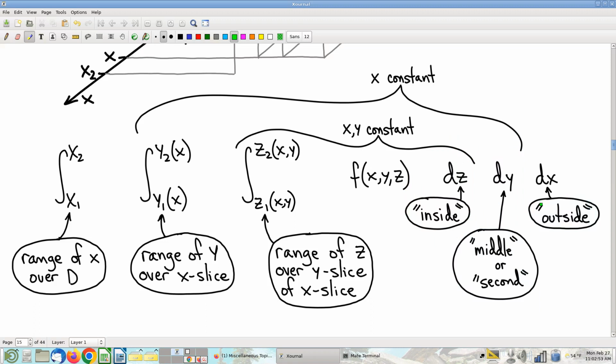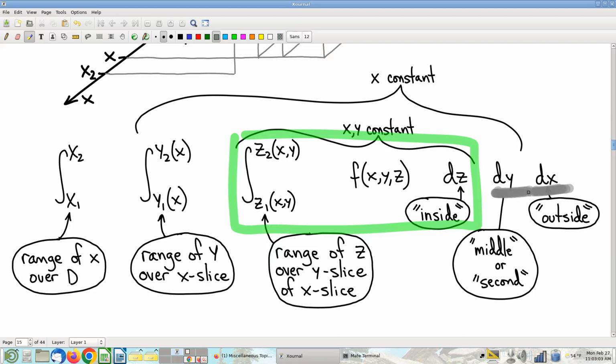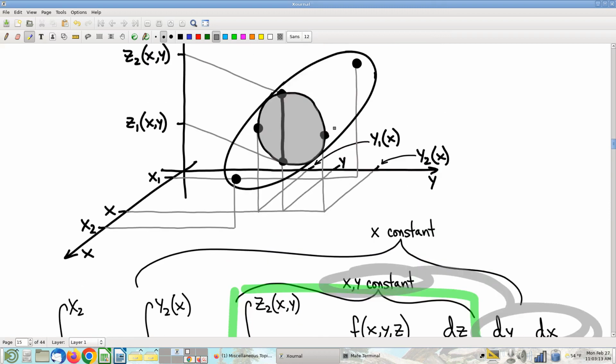Okay, next thing. As you're doing the inside integral, don't forget variables further to the outside, x and y here. Variables further to the outside are constant. For the purposes of doing that dz integral, treat x and y as constants because they are. Again, you can see that right here in the picture.